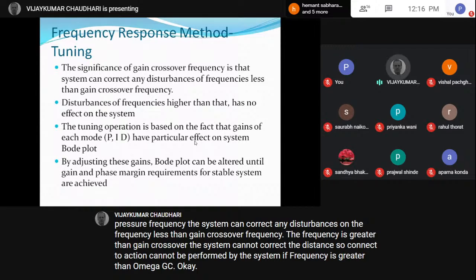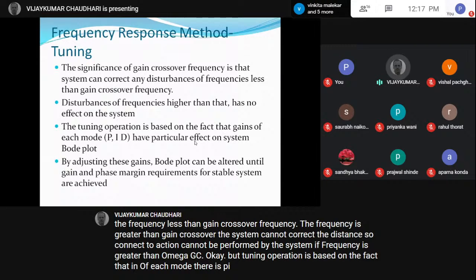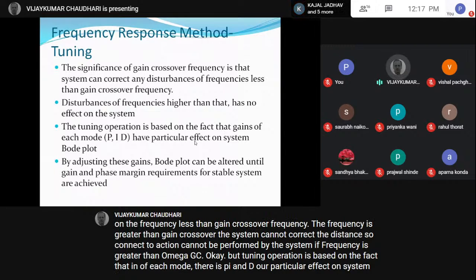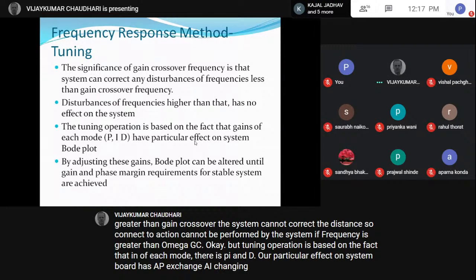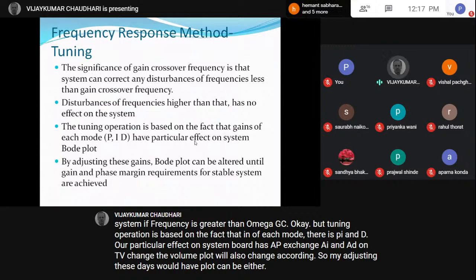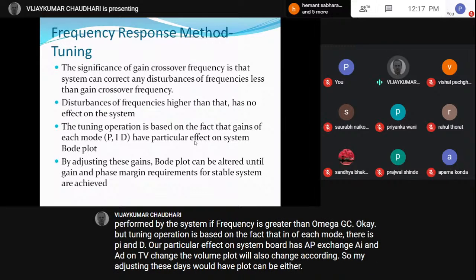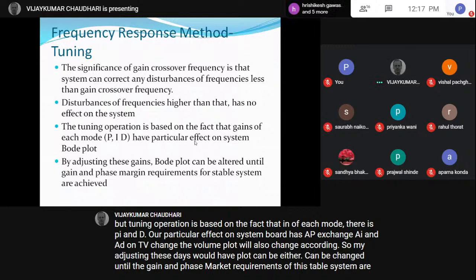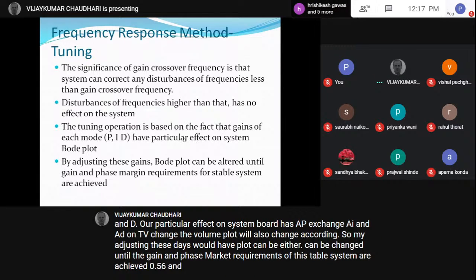The tuning operation is based on the fact that the gain of each mode, that is P, I, and D, has a particular effect on the system Bode plot. As KP, KI, and KD or TD are changed, the Bode plot will also change accordingly. So by adjusting these gains, the Bode plot can be altered until the gain and phase margin requirements of a stable system are achieved, meaning 0.56 and 40 degrees.